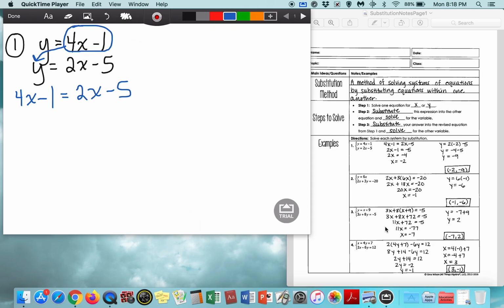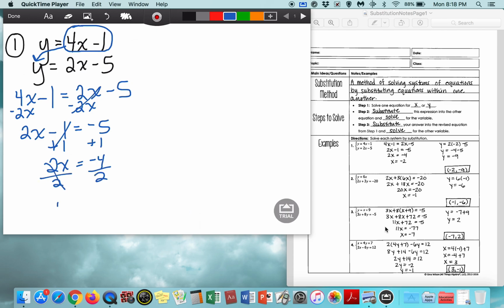Now I have like terms on opposite sides, so the first thing I'm going to do is subtract 2x from both sides. Now I have a two-step equation, and then I'm going to divide both sides by 2. For my answer, I'm getting that x equals -2. To get the other number, you can go back to either equation.